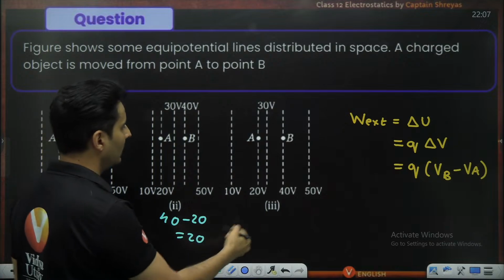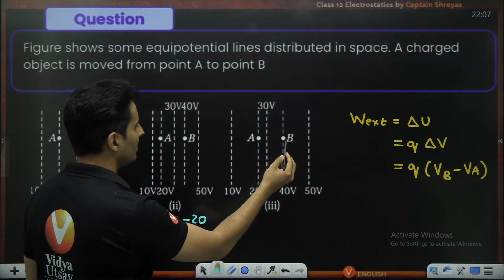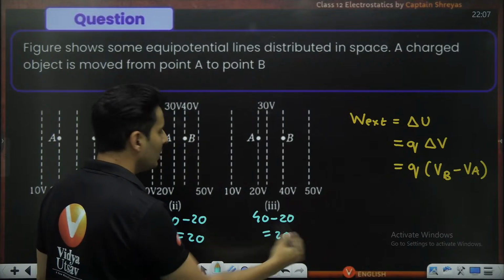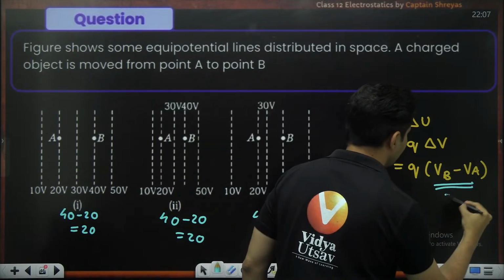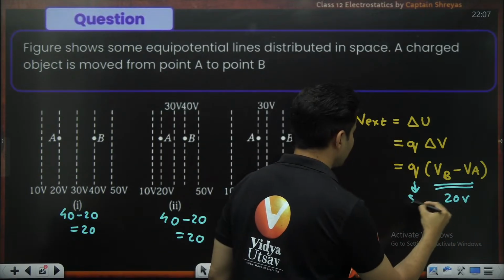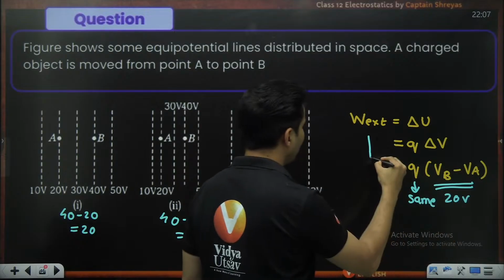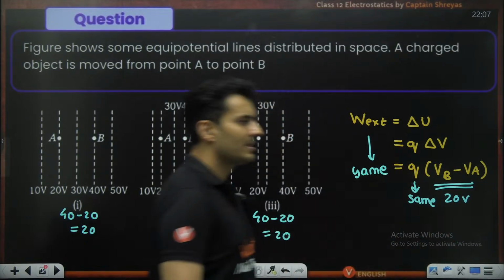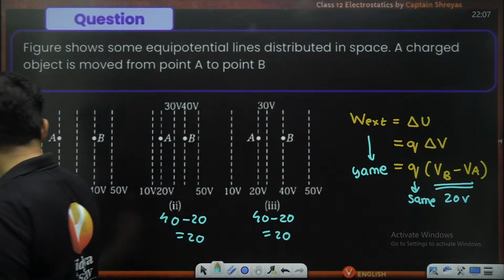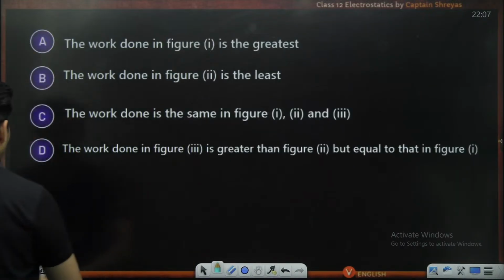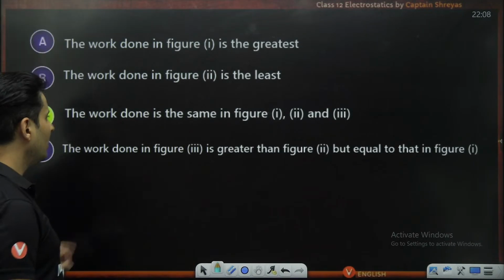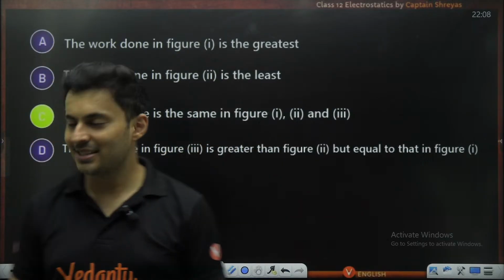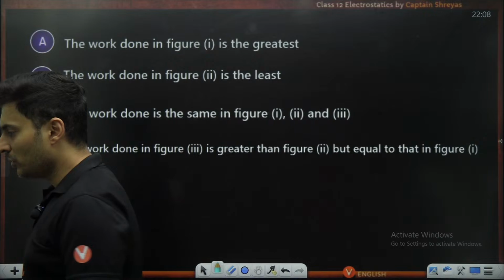This is 40, minus 20, which is again 20. So everywhere this is 20 volts. This is the same. So what can you say about the external work done? It is also going to be the same. Everyone till this point, absolutely clear? The work done is basically the same in all three diagrams. Very, very straightforward.